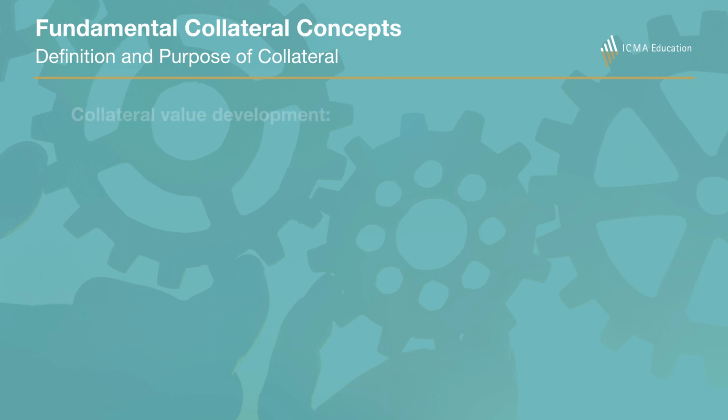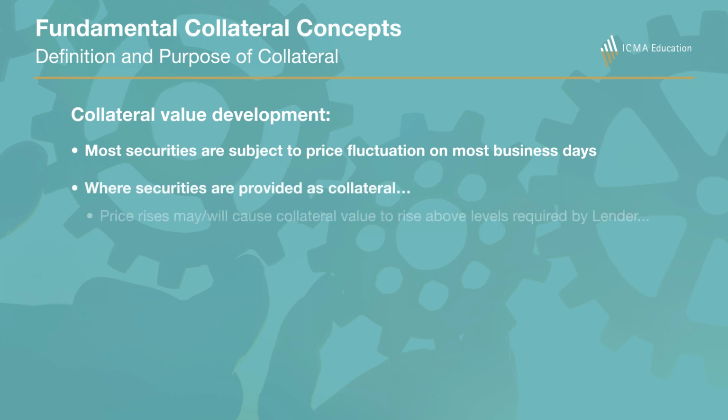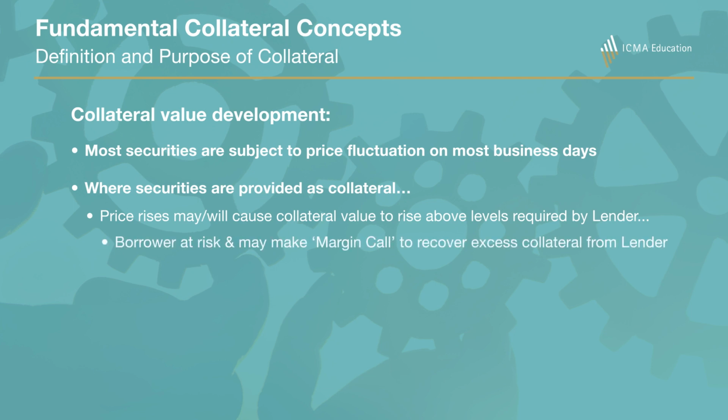When collateral has been posted to what we call the collateral taker, we have to consider what happens to the value of that collateral while it's in possession of the collateral taker. Most securities are subject to price fluctuation on most business days. Where securities are provided as collateral, a price increase may cause the collateral value to rise above levels required by the lender, putting the borrower at risk, who then may make a margin call to recover excess collateral from the lender.